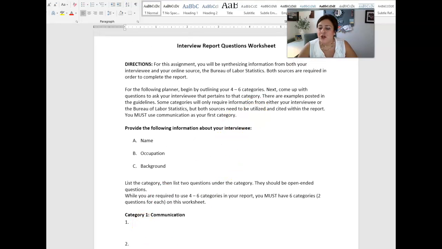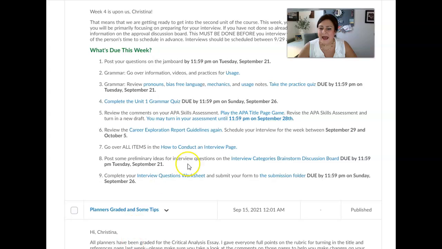Okay, you will then submit that document to the submission folder by Sunday, September 26th, so that you can then complete your interview the week between September 29th and October 5th. October 5th is your very last day to conduct your interview, okay?